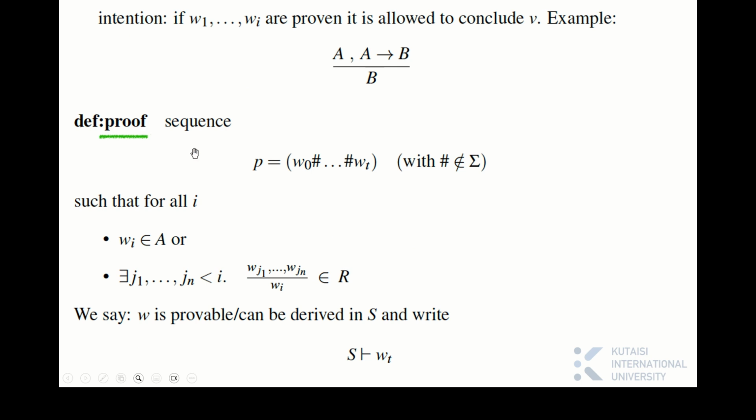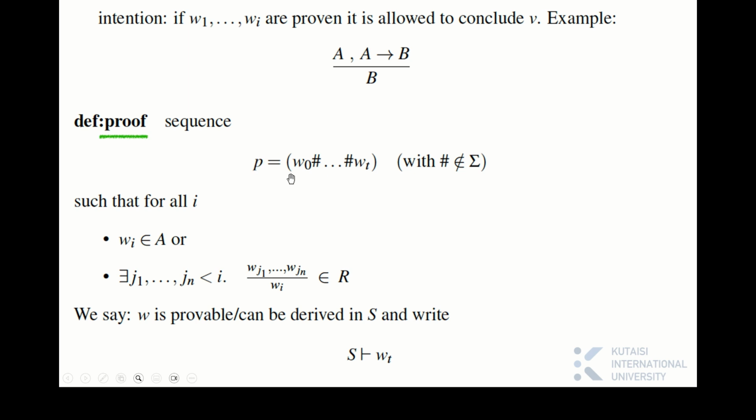A proof is a sequence of strings, W0 up to WT. So this hashtag just separates them. We always think of hashtag as not being in the alphabet, so it's like a meta thing. So it never occurs in W1 or W2, so you can exactly tell where the hashtag occurs, that okay, W1 is finished, W0 is finished.